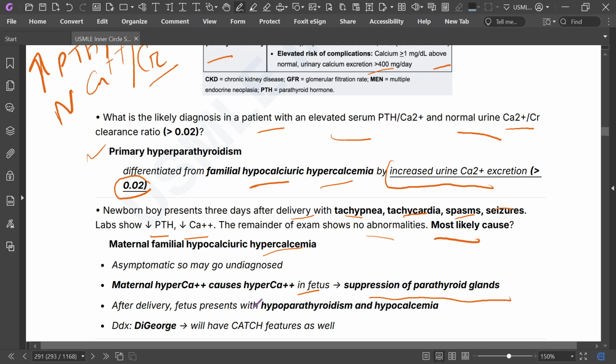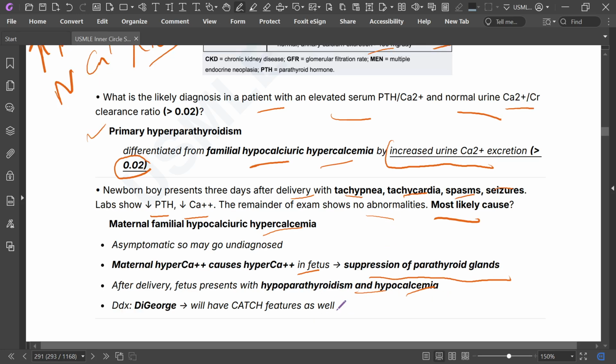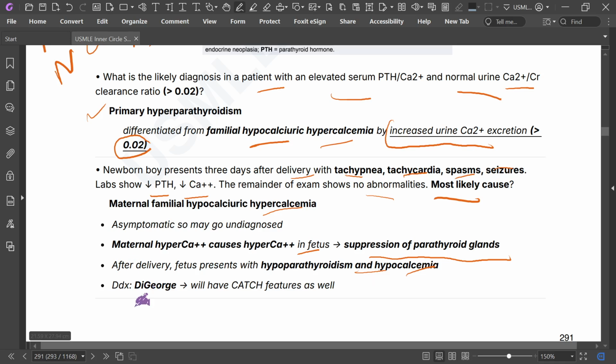After delivery, the fetus has hypoparathyroidism with hypocalcemia. The differential diagnosis is DiGeorge syndrome, which will have CATCH features: conotruncal abnormality, abnormal faces, hypocalcemia.